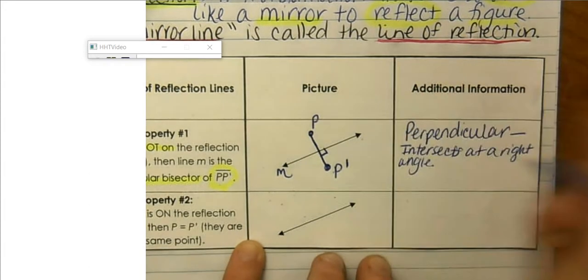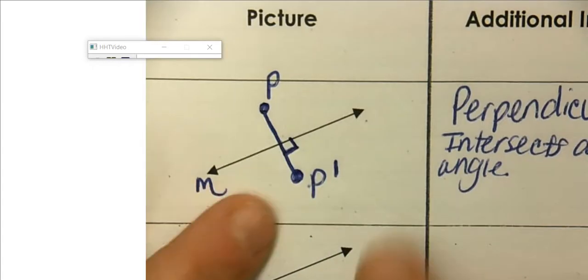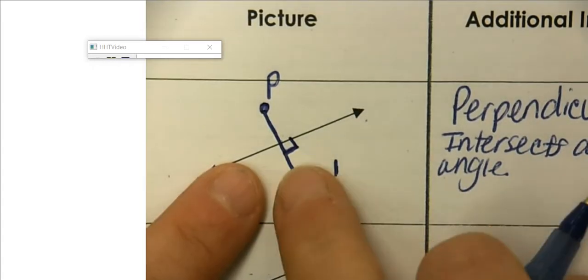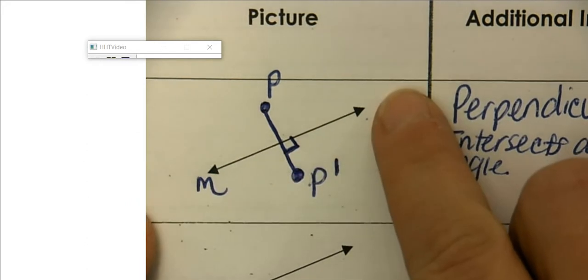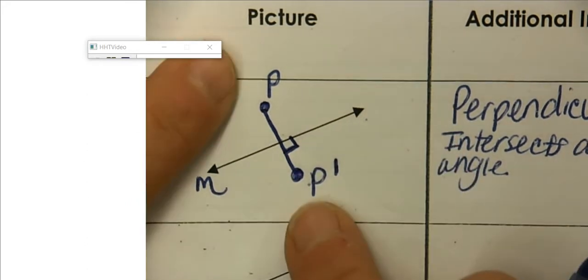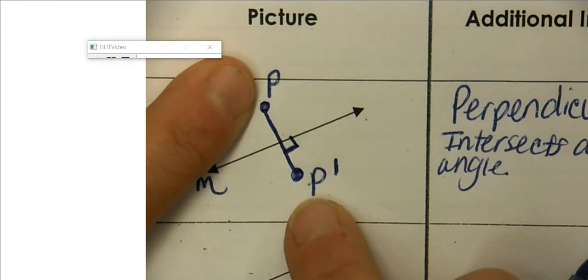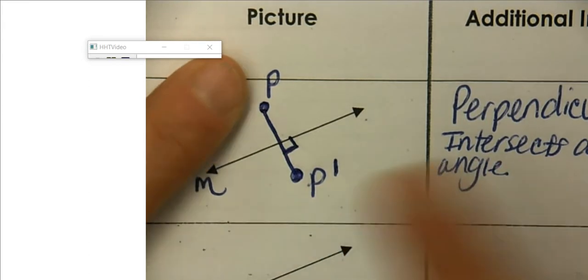Notice that when I drew my picture, I drew in a right angle. So that means there is a right angle in between my line of reflection and my segment that connects my points. That is perpendicular.